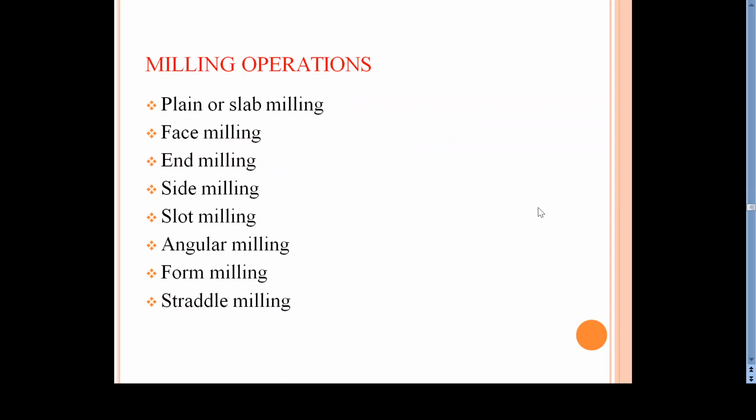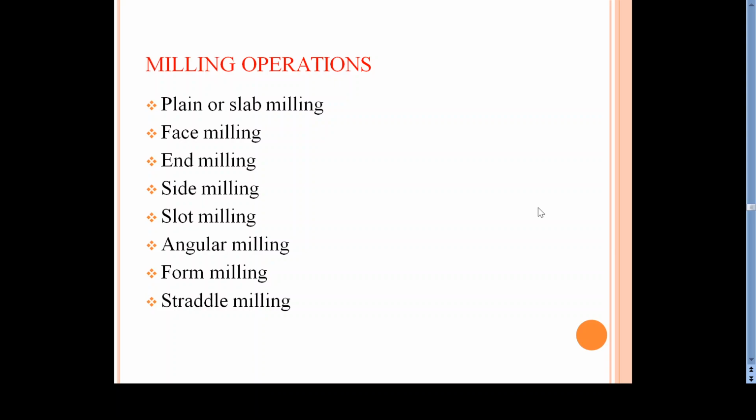Milling operations. These are some of the milling operations: plain or slab milling, face milling, end milling, side milling, slot milling, angular milling, form milling, straddle milling. These are different milling operations for getting different surfaces, and here we are using different designs of cutters.